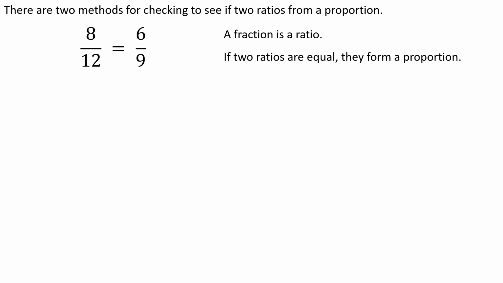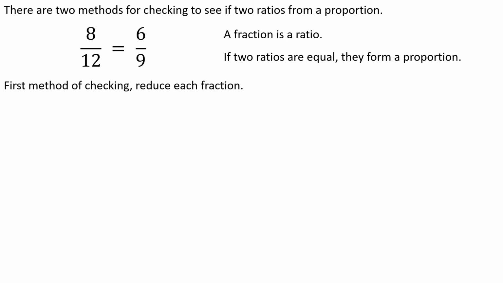Well, if those two fractions are equal, or using our more appropriate vocabulary, if those two ratios are equal, they form a proportion. And so we need to check and say, hey, if I give you two ratios, do they really form a proportion?